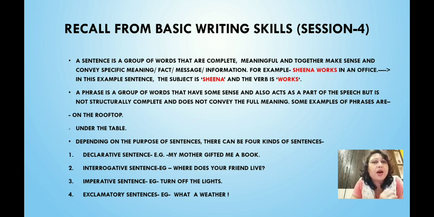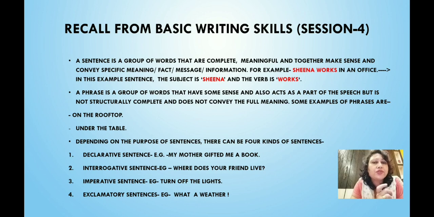Now if you remember, a phrase is a group of words that have some sense and also act as a part of speech, but is not structurally complete and does not convey the full meaning. For example, on the roof, under the table. These are examples of phrases, but they are not structurally complete, and they do not give any full meaning.